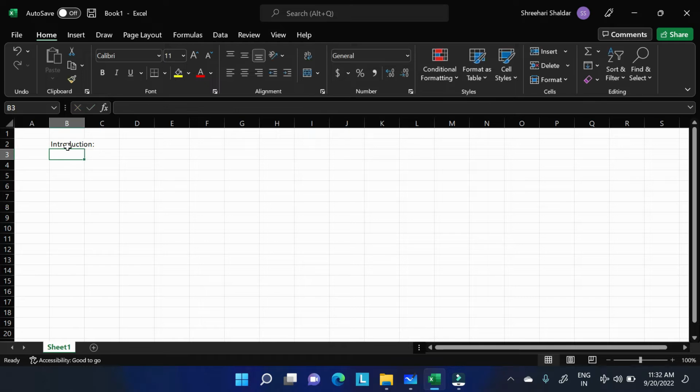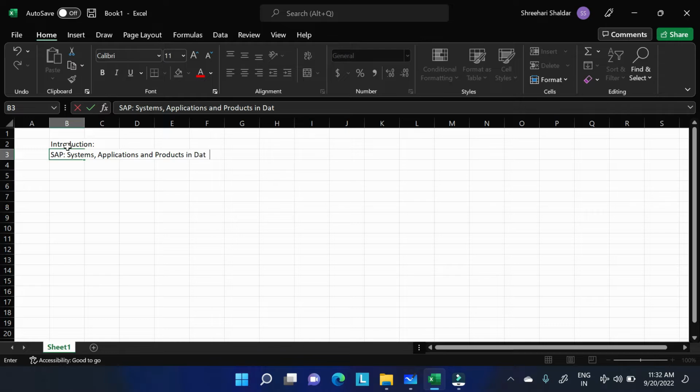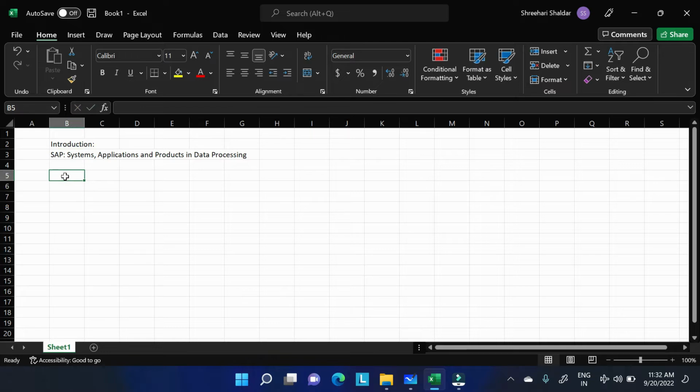Basically SAP stands for Systems, Applications and Products in Data Processing. Whatever the industry you take, all industries are going to run on 4 M's.